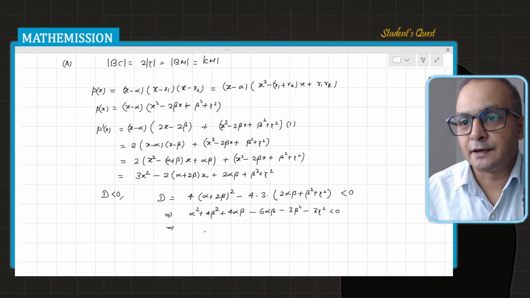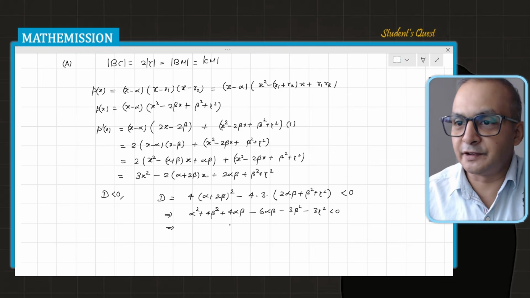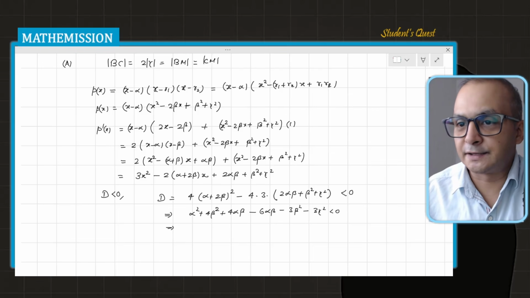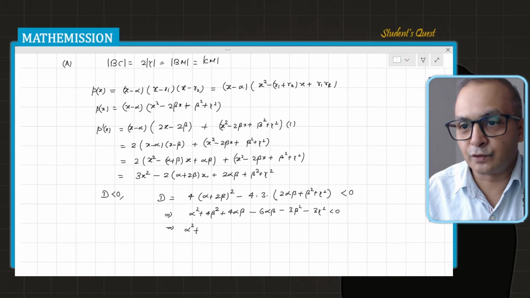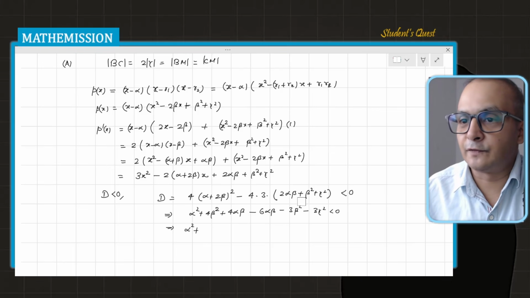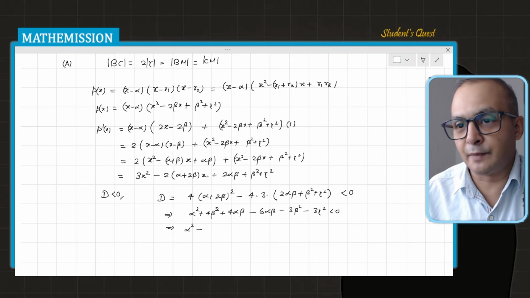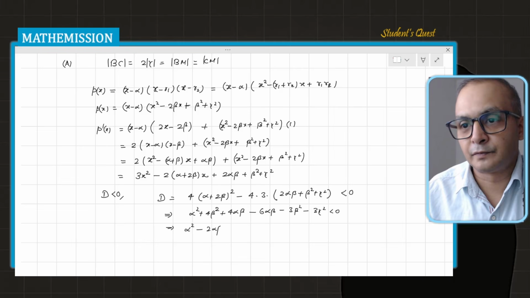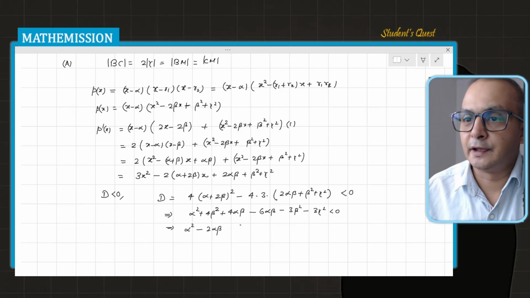All right, now I can see something fishy is happening here. 4 alpha beta minus 6, so let's collect alpha square, and this is 4 alpha beta minus 6 alpha beta, which is minus 2 alpha beta, and 4 beta square minus 3 beta square is beta square.